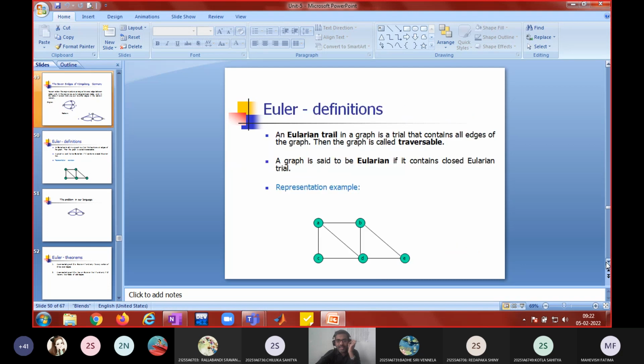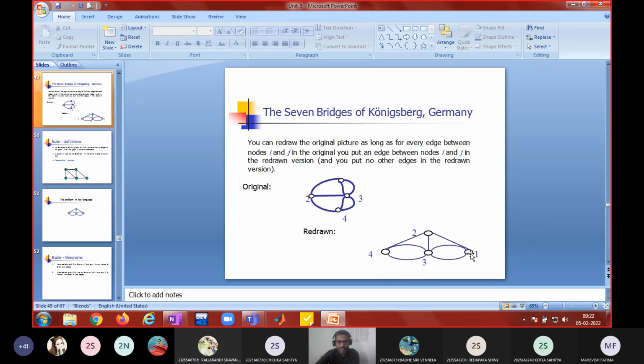Now the question is, can you start from one node and come back to the same node by covering all the edges? That is the problem. Whatever way you choose, if you want to come back to the original position, you need to cross some edge at least two times.